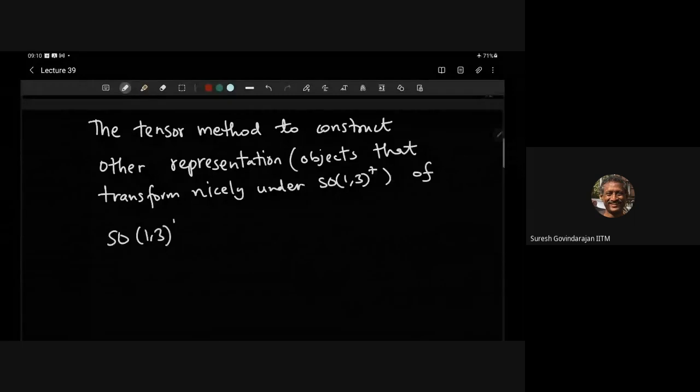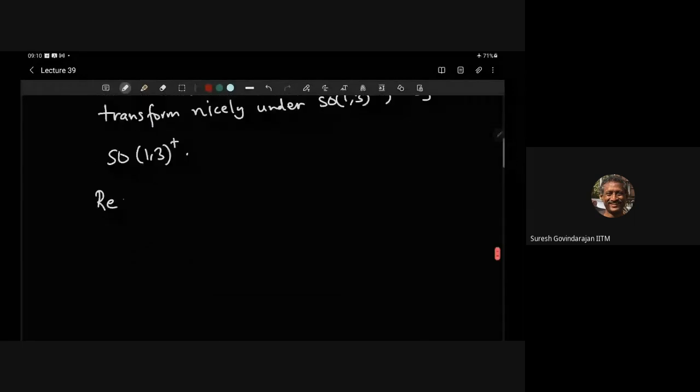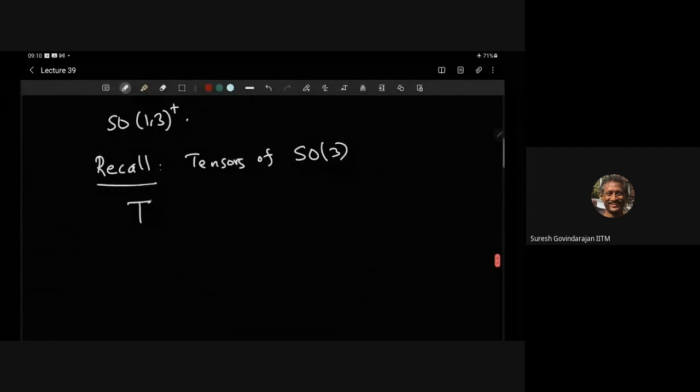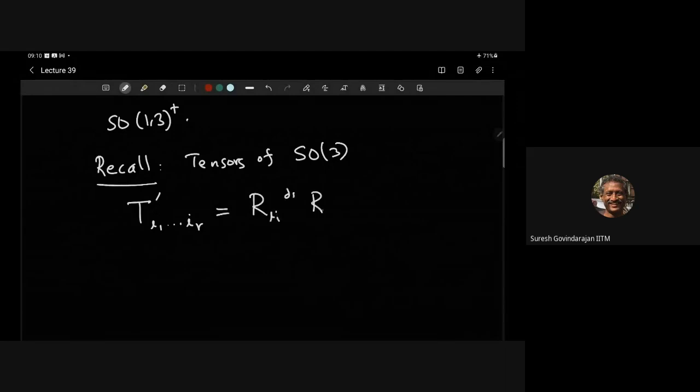Okay. So we had already seen this; we called them tensors of SO(3). We said T prime i1 to iR, a tensor of rank R, transforms like R i1 j1, R i2 j2, up to R iR jR, T j1 j2 up to jR. Okay, so this is how we define tensors.